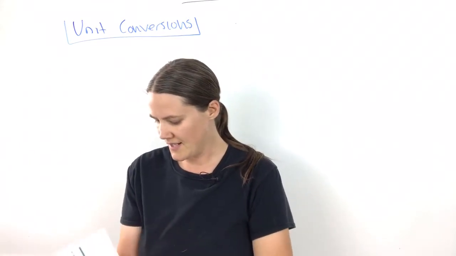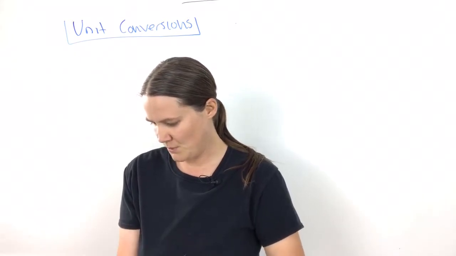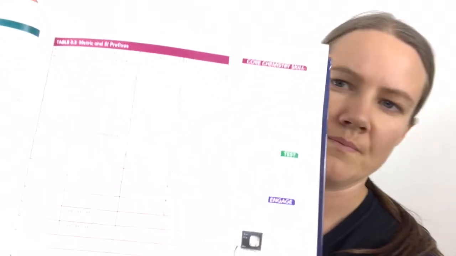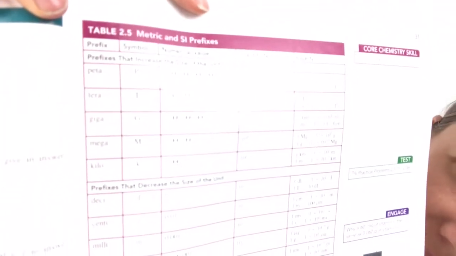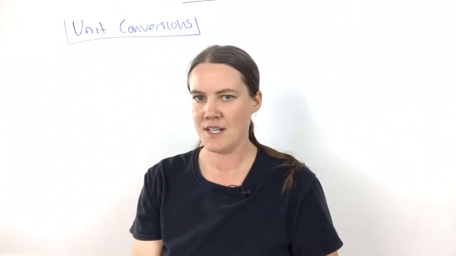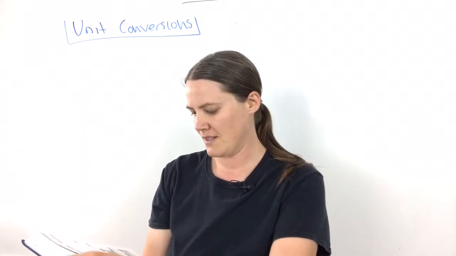And then the other thing you're going to want to reference in this book or online is the metric and SI prefixes. I don't know if you can see that, but this is table 2.5 in the book that I have.